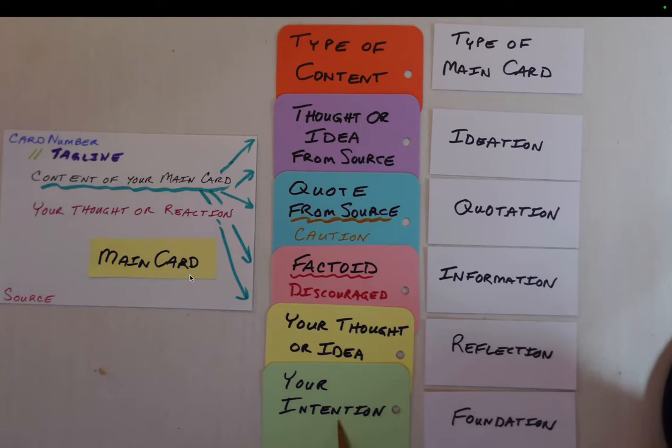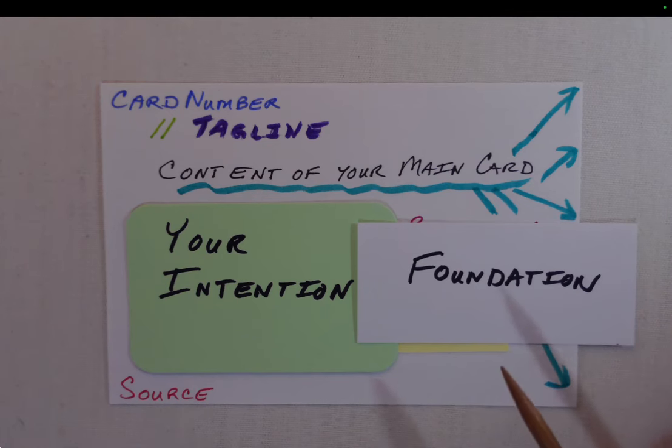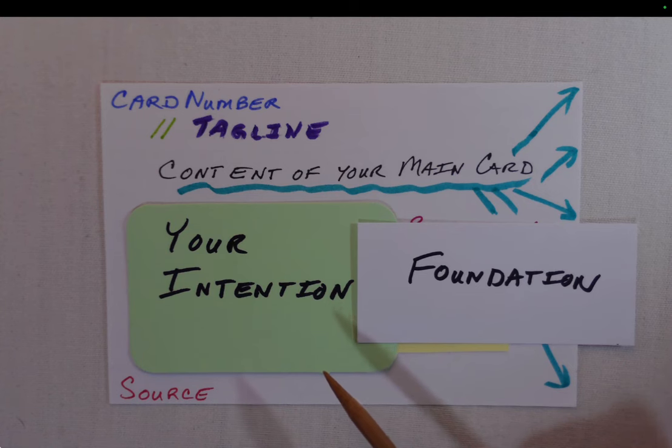So now let's focus here on the intention or foundation main cards. Let's see how they're created, and let's see why you might want to have them. A foundation main card defines your intention to tackle a given new subject area that's not currently represented in your Zettelkasten.